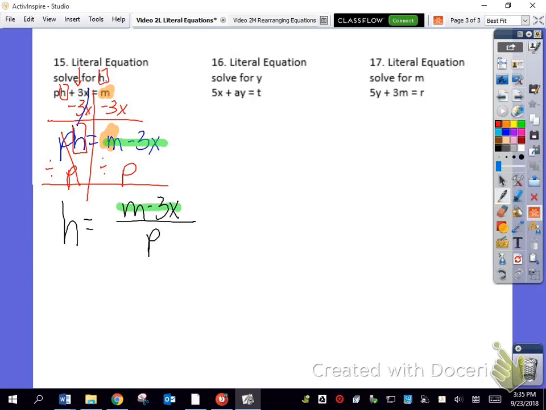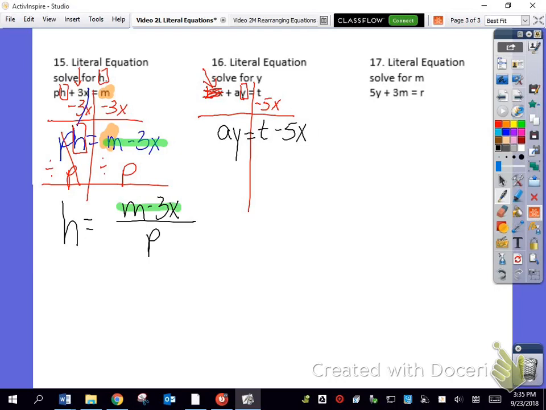On the next one, I'm going to solve for y. So draw your line. Now, I want to solve for y, so I need to get rid of 5x first. Look in front. If there's not a sign there, it looks like a plus. The opposite of plus is minus. So put minus 5x. Okay? So I'm going to bring down the ay equals, and you've got t minus 5x.